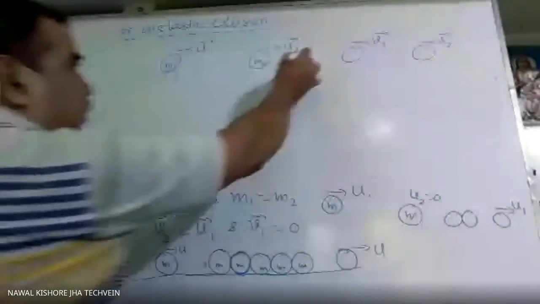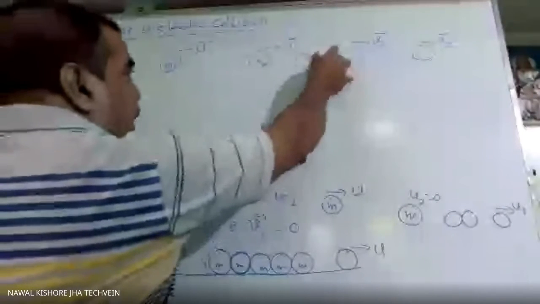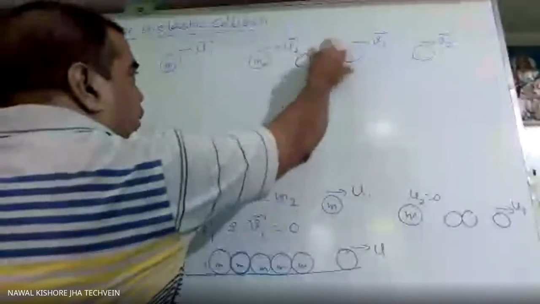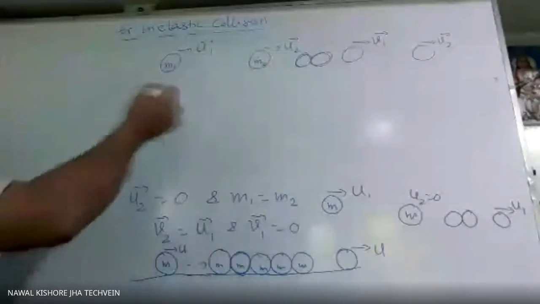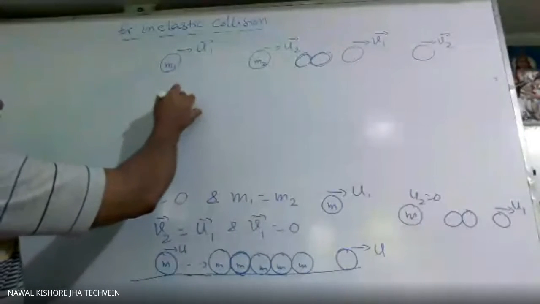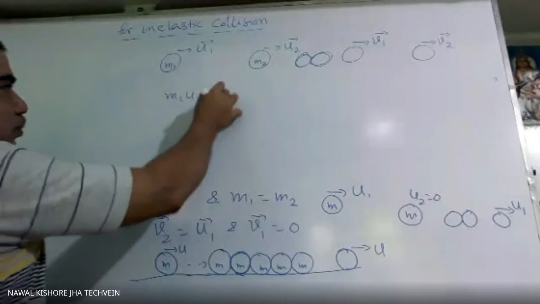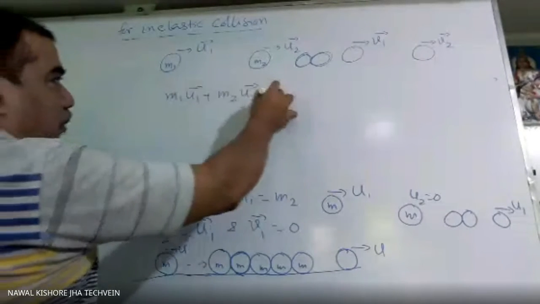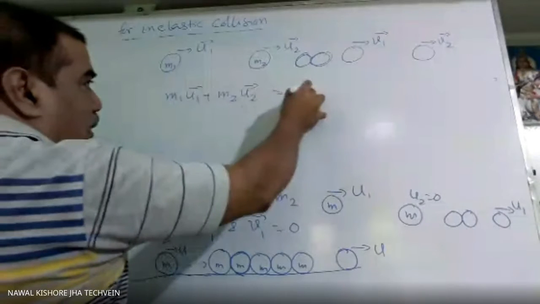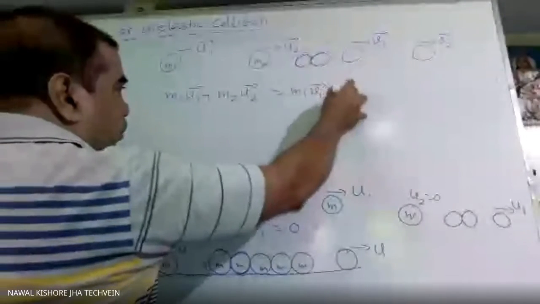They collide with each other here, and after collision the velocities are v1 and v2. Then, what are the two relations we have to consider? One relation will be m1 u1 plus m2 u2 equal to m1 v1 plus m2 v2.